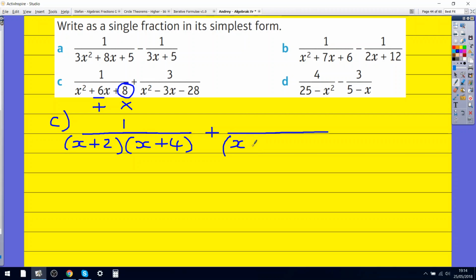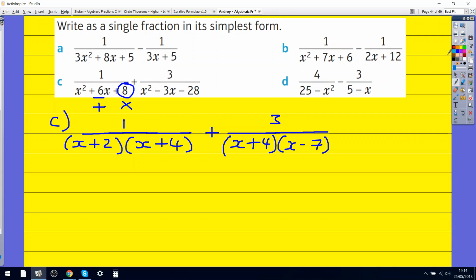Oh, sorry, x plus 4, x minus 7, sorry. Yeah. Okay, so what could you do next? So they both have x plus 4 in common. So would I times x minus 7 times 1 and times x plus 2 times 3?